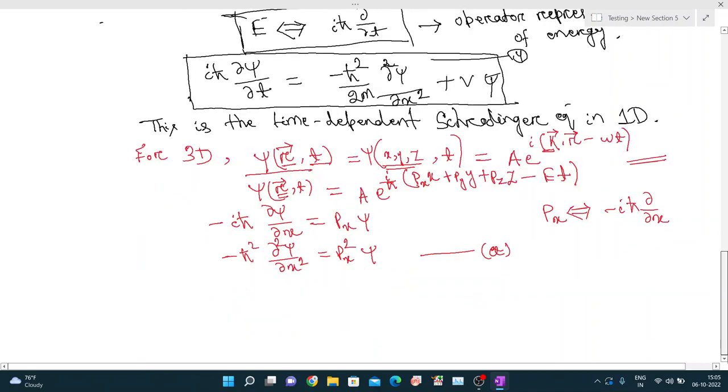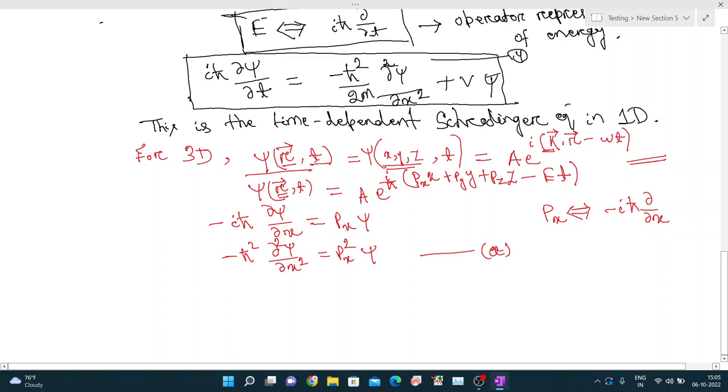Similarly, do it by yourself for the operator representation of py and pz. Differentiate psi with respect to y and multiply with minus i h cross, then again differentiate psi with respect to y and multiply with minus i h cross.